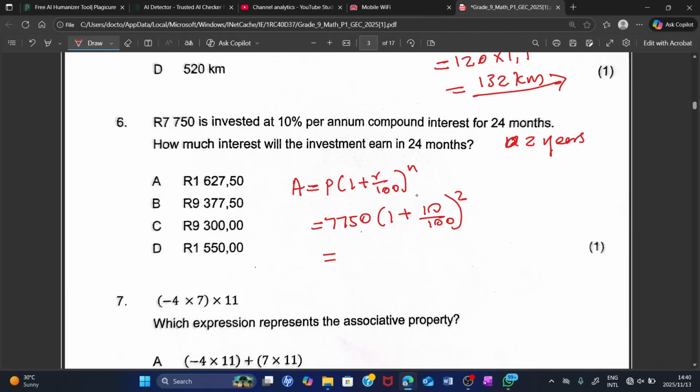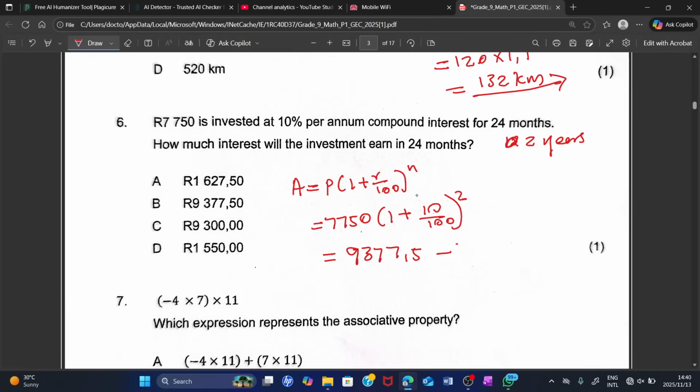Then we press our calculators and see what we are going to get in this question. 7750 into 1 plus the fraction 10 over 100 to the power of 2. So we are seeing that the answer here is 9377.5.